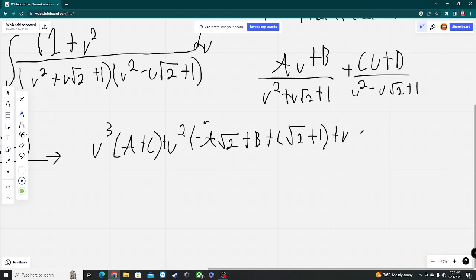But this is going to be plus our normal u now. So we got our u cubed, we got our u squared, now we got to get our u.